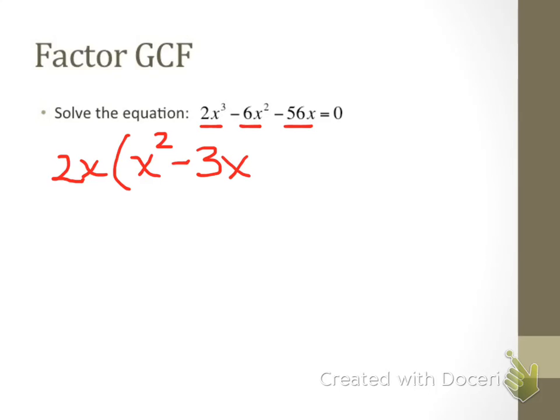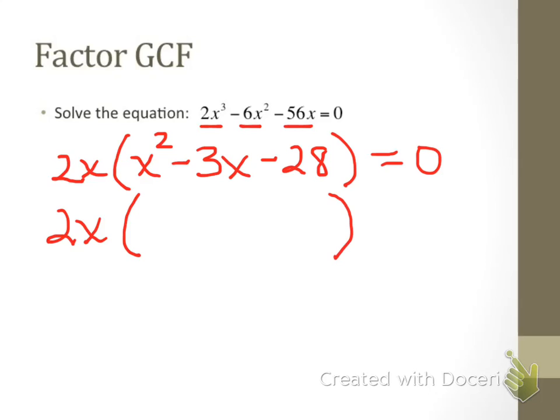And then the negative 56x, when I divide that by 2x, I'll get a negative 28. And that's all still equal to 0. Okay? And so now, what I've got left in the parentheses here is just a polynomial.